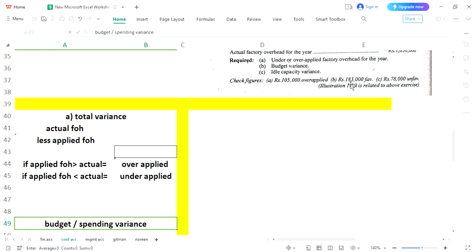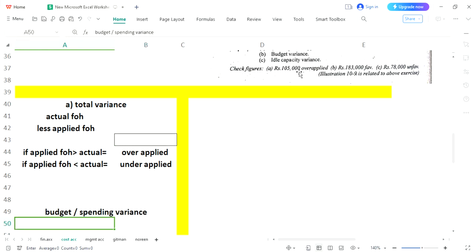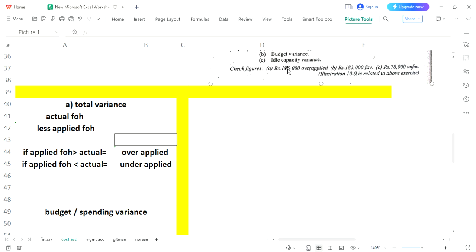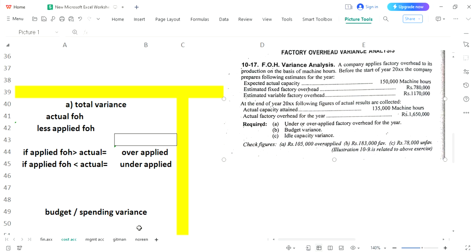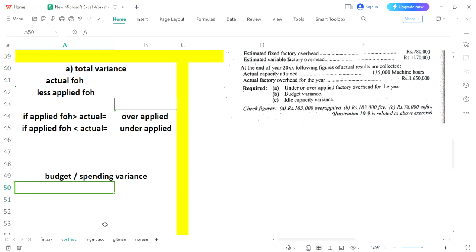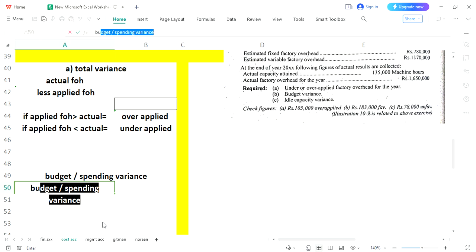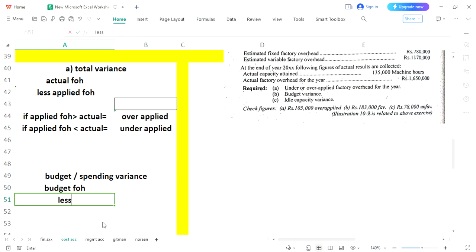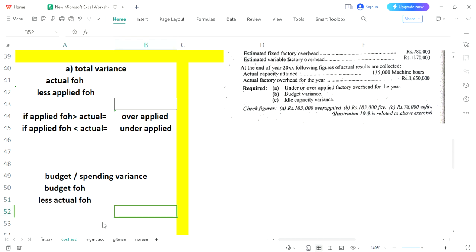You can see here is our second requirement, that is budget variance. In a similar way, budget variance would be calculated with two figures. First you will see what your budget FOH is, and secondly you will subtract actual FOH and you will get the answer.